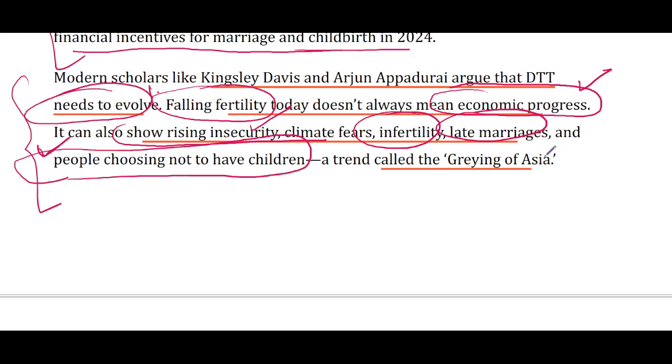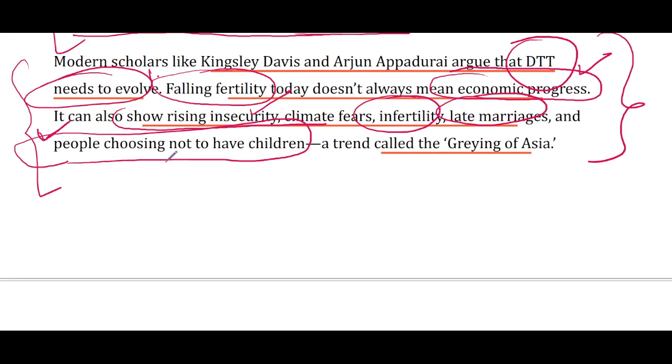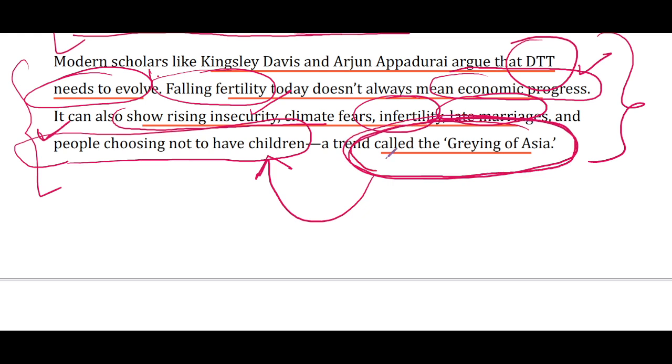All of these issues have not been taken into account by DDT, and this whole phenomenon, the graying of Asia, is related to the issue of falling fertility, in which people of Asia are growing in age, but the replacement level is not provided, which means replacement level children are not being produced.